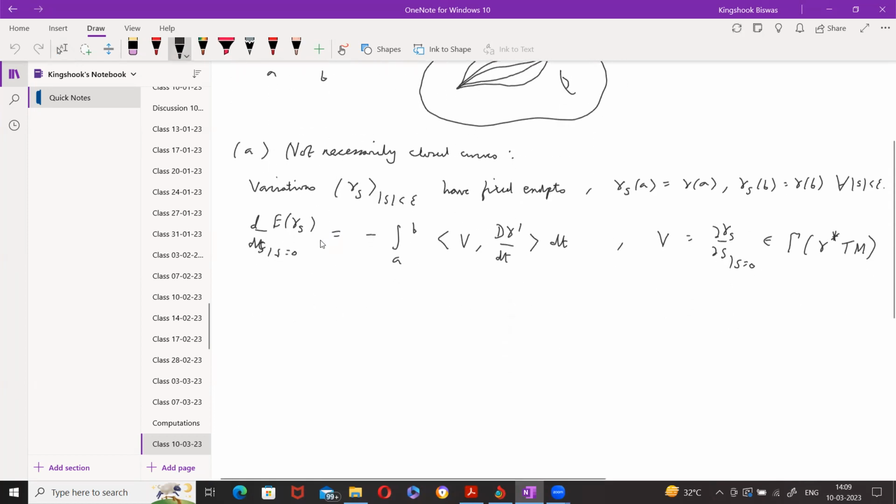And then there's another case, case B, where you look at closed curves. Then you can also look at variations through closed curves, gamma s, through a family of closed curves.